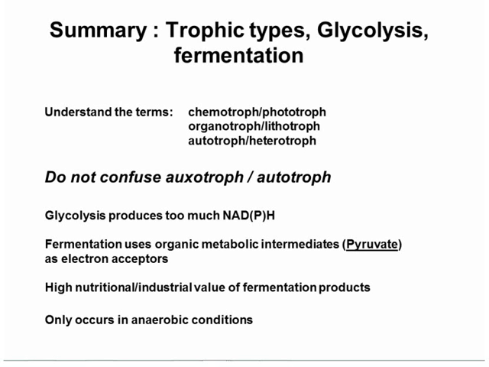Okay, so up to this point, summary is, we did this last time, chemotroph, phototroph, organotroph, lithotroph. Don't confuse auxotroph, autotroph. And the key points about fermentation are here. Problem with glycolysis is that there's too much reduced NADH or NADPH. So any kind of fermentation pathway needs an electron acceptor, and it's always pyruvate or some kind of metabolic intermediate derived from pyruvate.